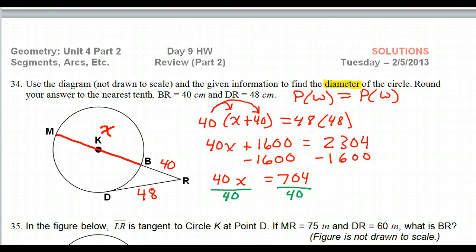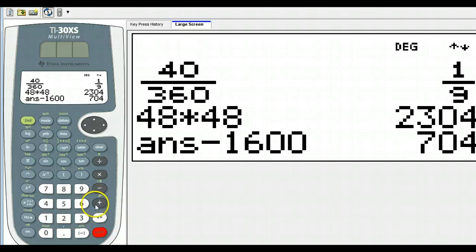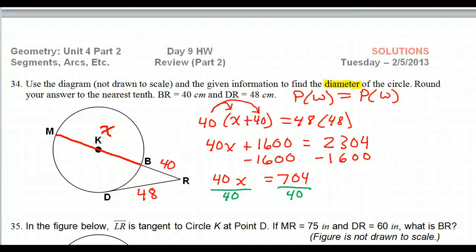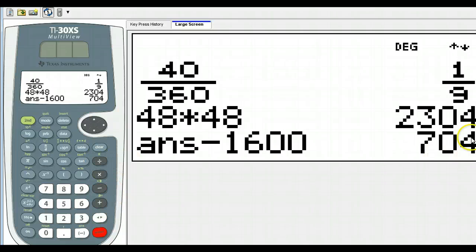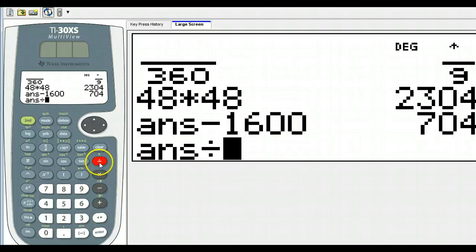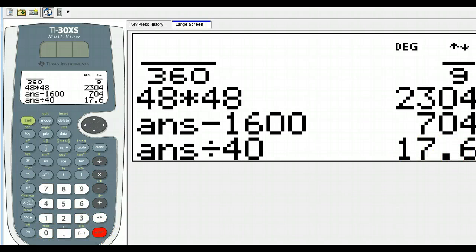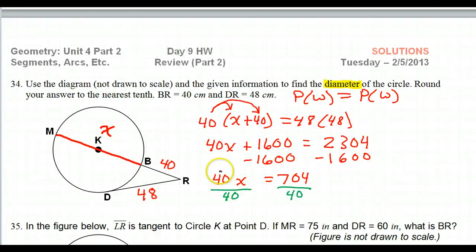So back into my calculator, I can just do divided by 40, because 704 is already there. Okay, I get 17.6. Alrighty then. So x is equal to 17.6. Now x, just to go back and check, we were supposed to find the diameter. X was the diameter. So yeah, that's the answer.